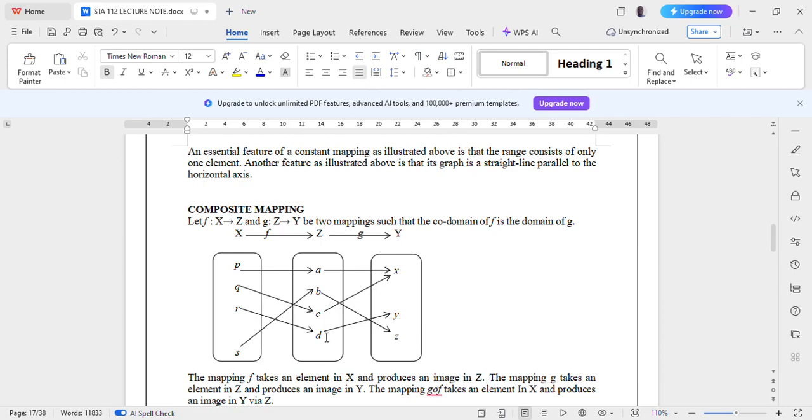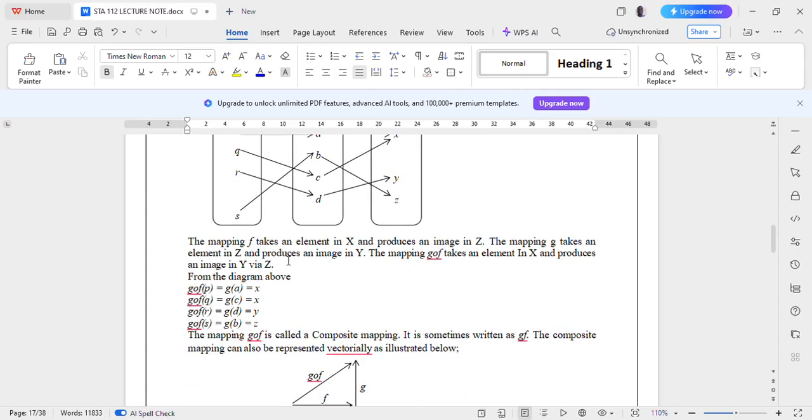And z itself is also a domain to a codomain, that is set y. The mapping f takes an element in x and produces an image in z. The mapping g takes an element in z and produces an image in y.